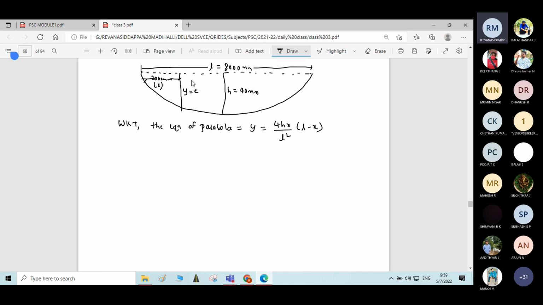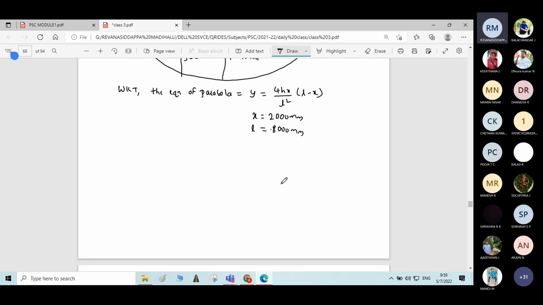Where x is the point where the eccentricity or depth of the cable is required, y. Therefore, here x is equal to 2000 mm, and L is equal to 8000 mm. You can just substitute and get the answer.